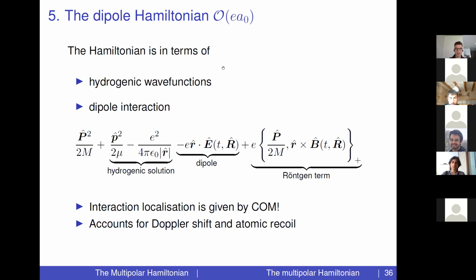This is exactly in terms of the hydrogenic wave function and the usual dipole interaction, but with some more. What is more is that, of course, we now have the center of mass degrees of freedom. We have our internal degrees of the atom that yield the hydrogenic wave function solution. We have the dipole term that is evaluated at the center of mass coordinate, and we have the Röntgen term.